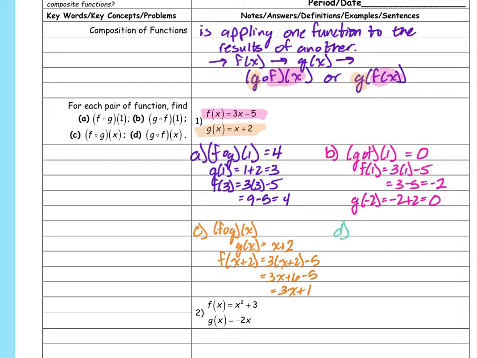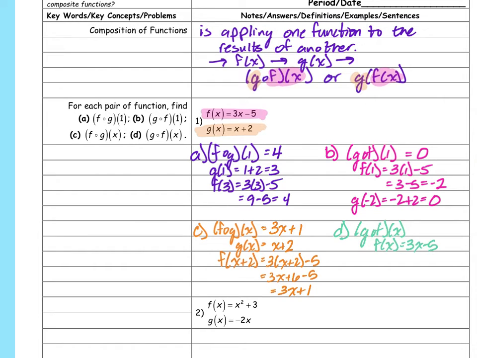And then part D, we're going to find the opposite. So that's, I guess I could have written this up here, 3X plus 1. Okay, so what are we going to find? G of F of X. So F of X is 3X minus 5.